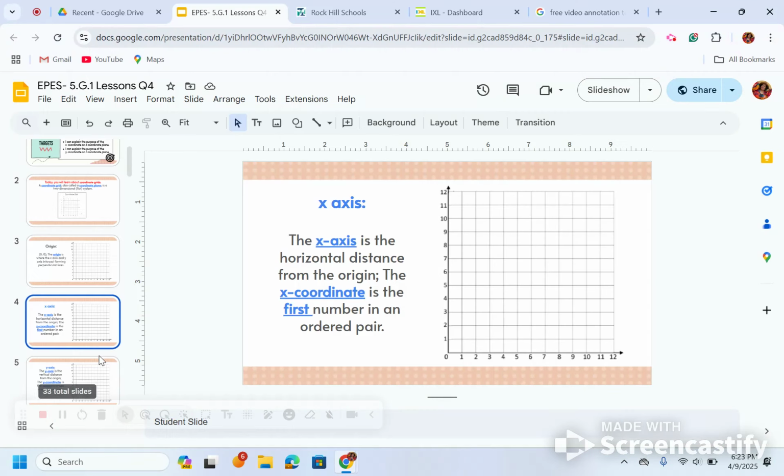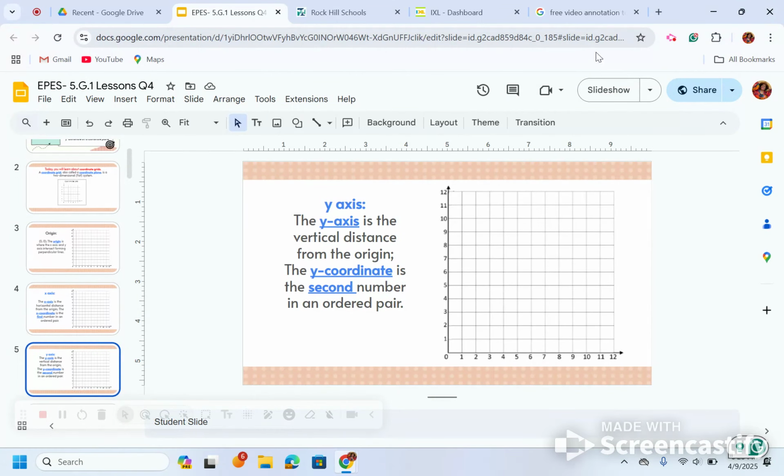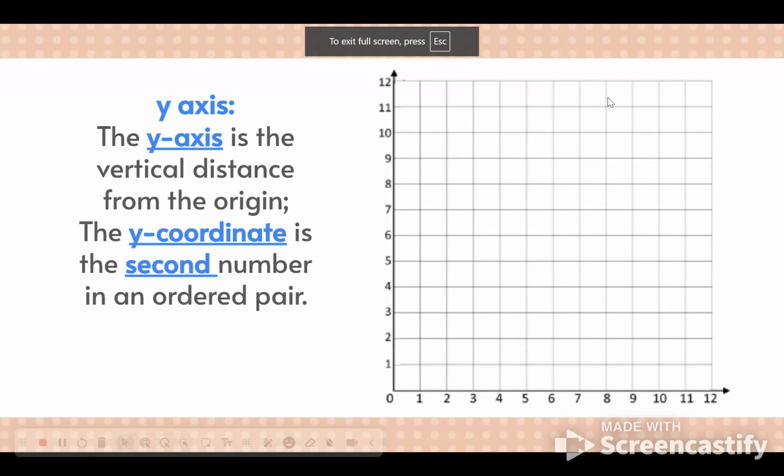All right. Next, we're going to talk about the y-axis. Remember, you should still be filling in your notes where you see it underlined in blue, and please feel free to pause where you need to fill in your notes. The y-axis is the vertical distance from the origin.